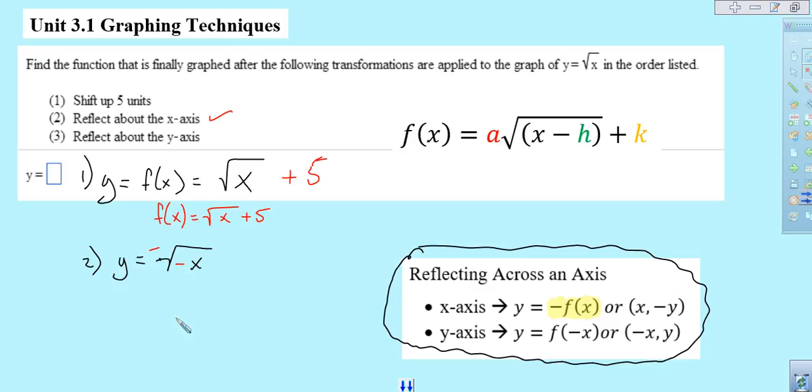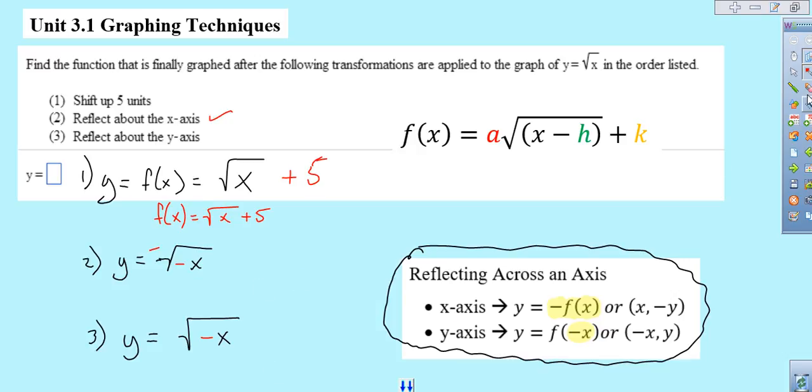To answer that question, maybe we need to look at the last one, which is reflection about the y-axis. Because on the y-axis, we get y equals the square root of negative x. You can see right here what they're saying is that instead of plugging in a positive x now, you're going to plug in a negative x. So we know that our negative sign for this one is going to go inside. We're actually plugging the negative inside of the function.